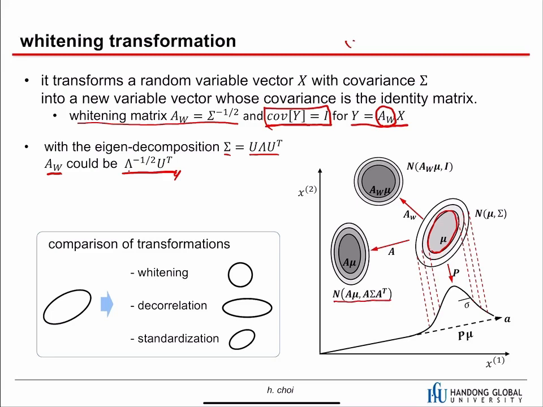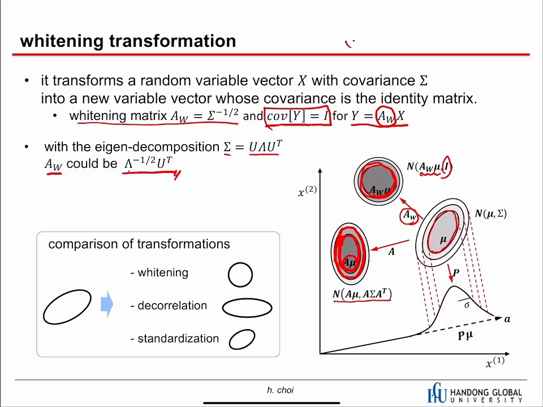This one is the mean of this distribution, and we have lots of ellipses like this. But if we transform this one with the whitening transformation, then definitely the covariance matrix should be the identity matrix. This one is the mean of this distribution, and we have lots of circles, not ellipses.